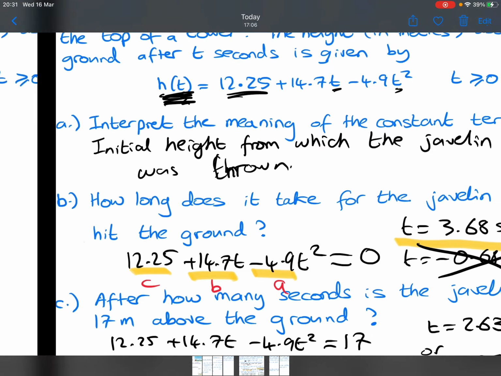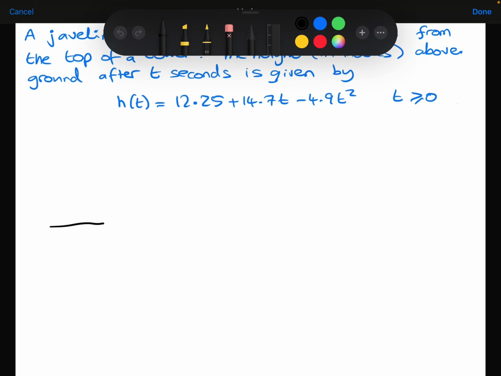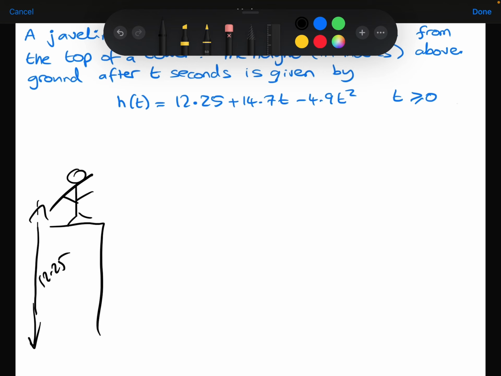Let's just remind ourselves what we've just done there. We're saying our athlete was here, throwing the javelin from the top of the tower. This initial height here was 12.25. The javelin's going like this, it hits the ground, so the height is 0 over here.